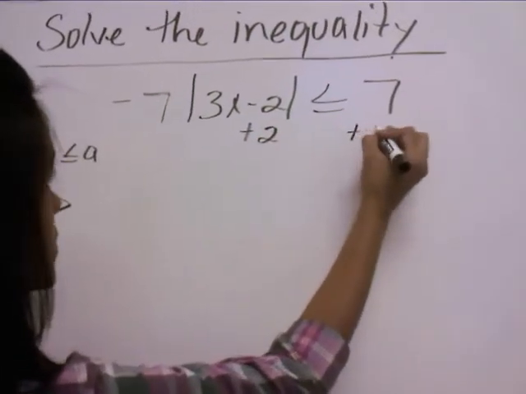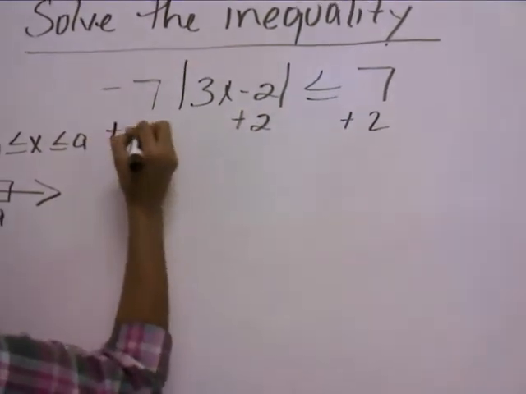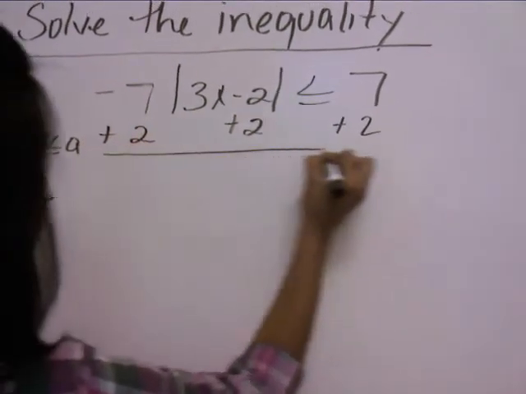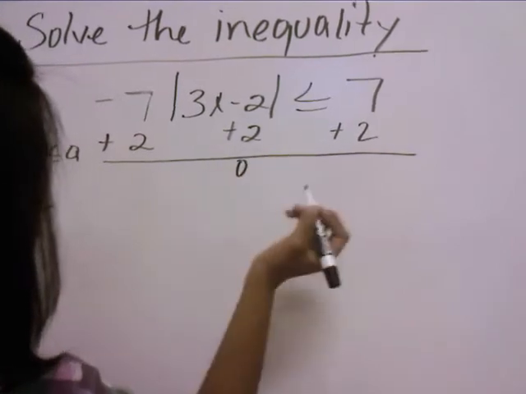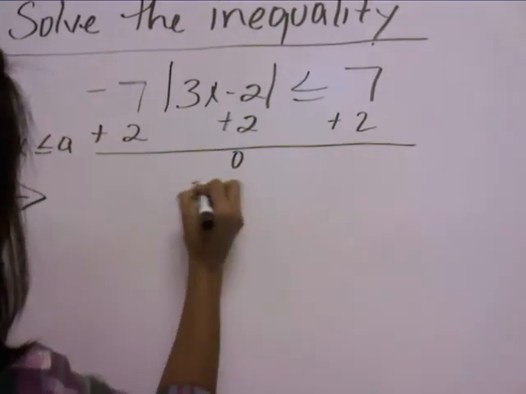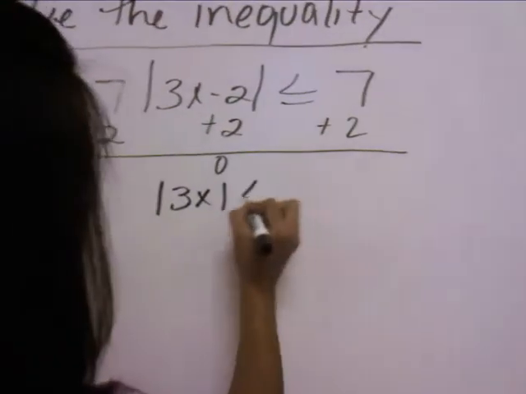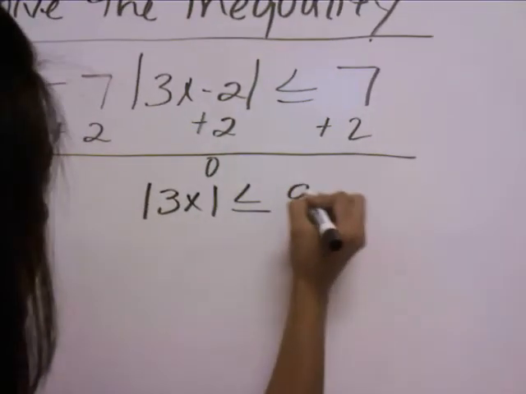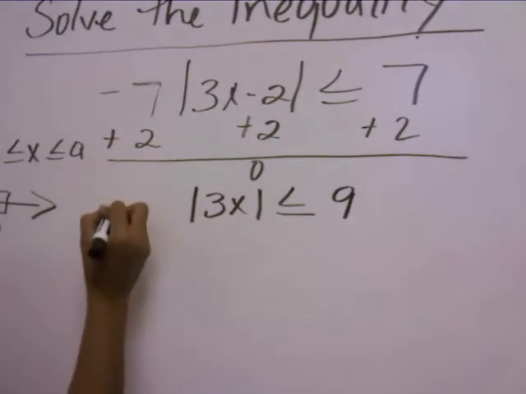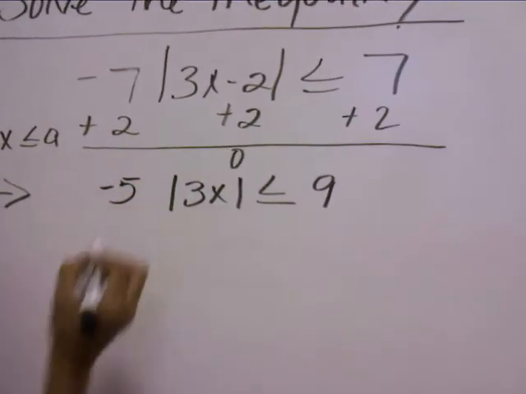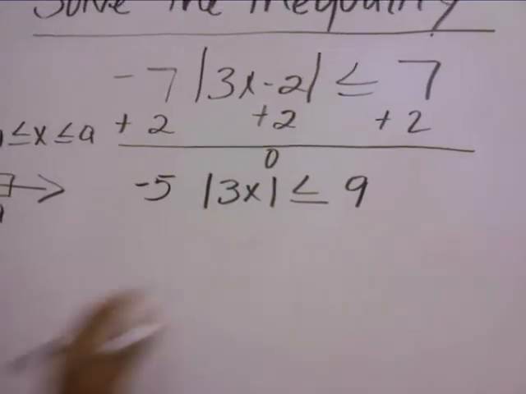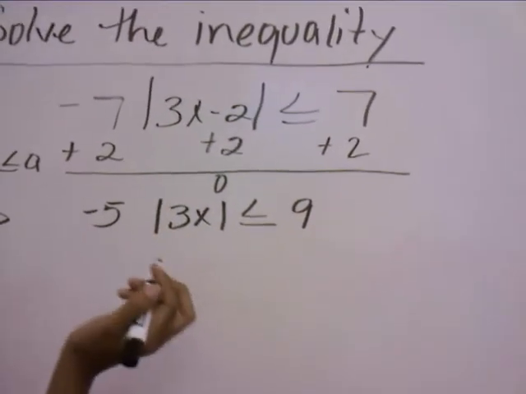Because whatever you do to one side, you must do to all sides. We get 0, obviously, so we have 3x left in the middle. On this side, we have 9. And on this side, we have negative 5. Now, we need to get the x by itself.